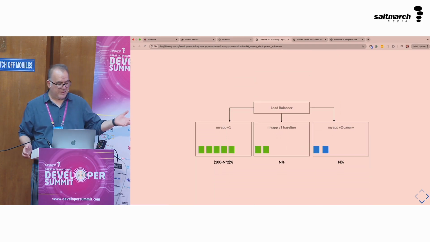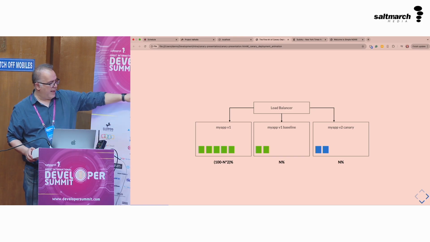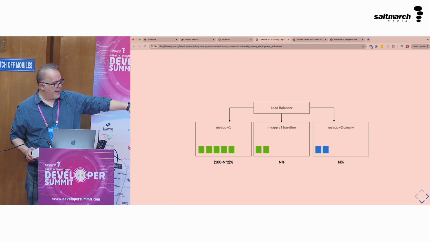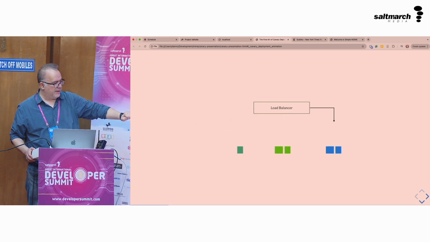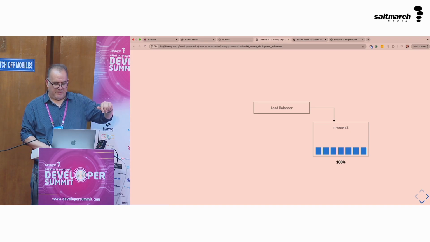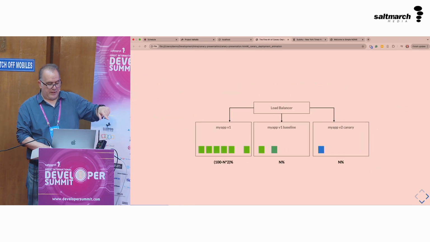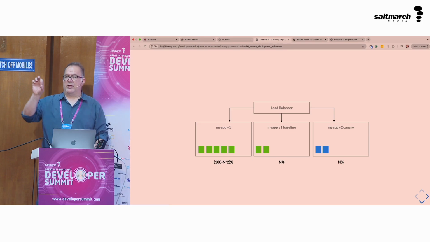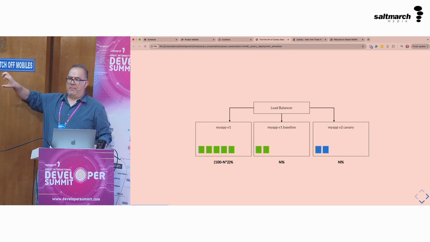So the idea here is this. You have one application, My App over here, you have the baseline, and you have the Canary. You just add a little bit at a time until you get this. Let me do this animation again. Baseline is just one of the pods that is running from the legacy.